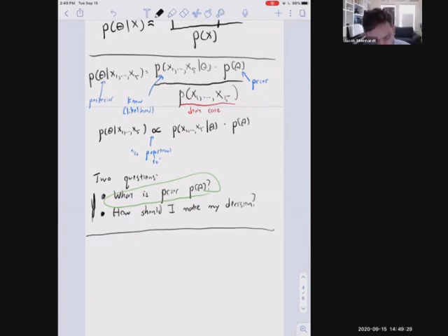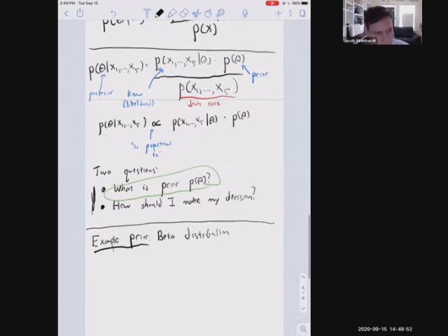An example prior, and again, this isn't necessarily saying this is a prior you should use, but it's at least a mathematically convenient family, and it has some nice properties. This is what's called a beta distribution.